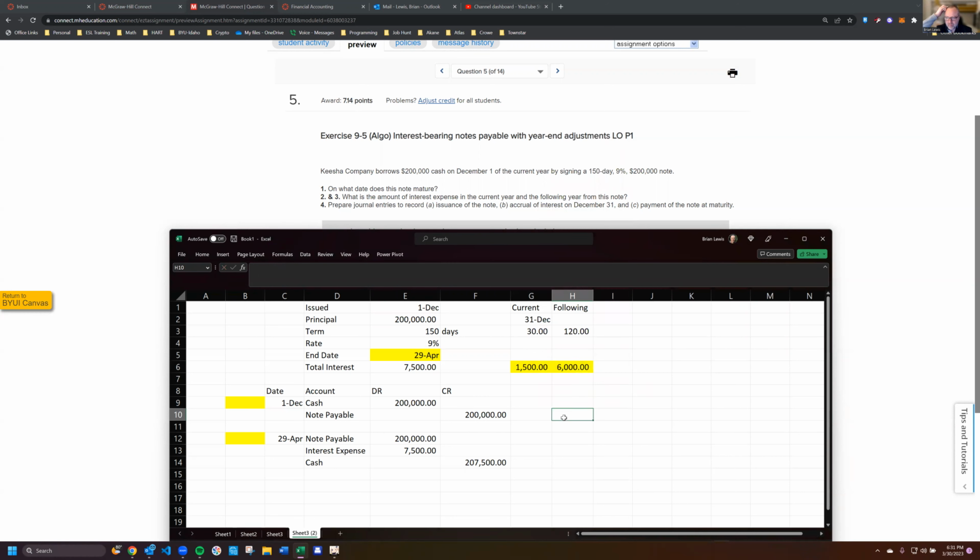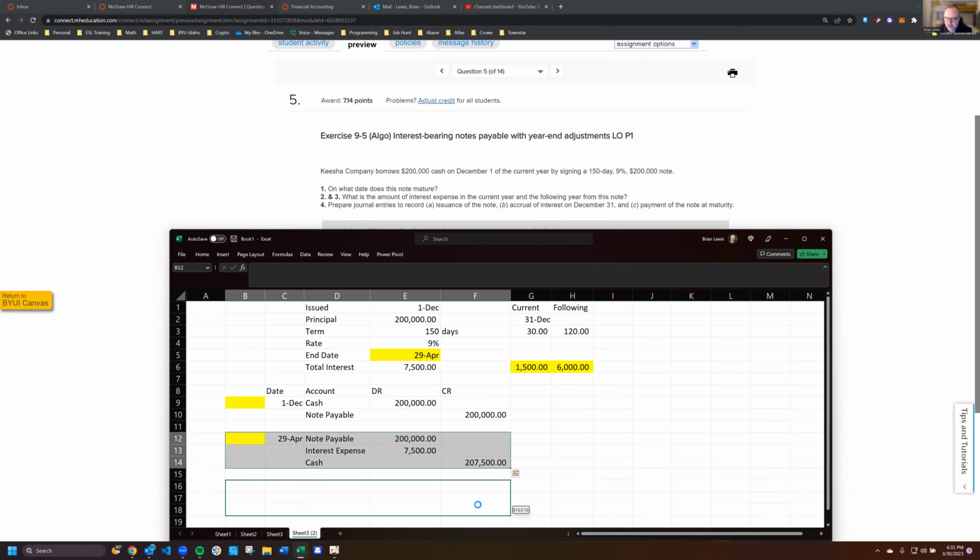Okay. And prepare the entries to record A, the issuance of the note. We got that. B, the interest on December 31st and payment of the note at maturity. So we're going to actually move this one down. We'll get back to it later.